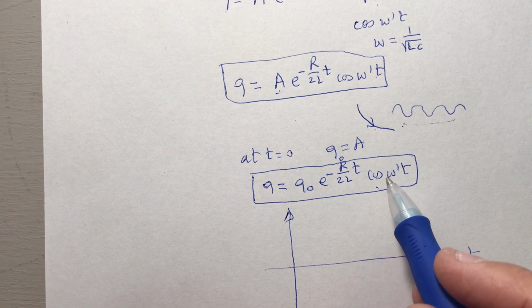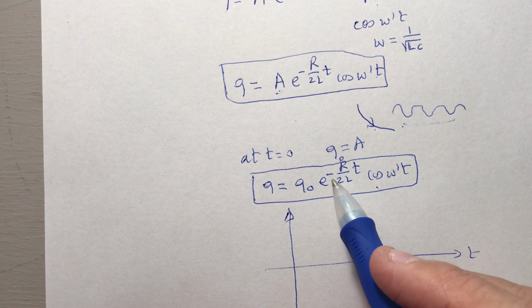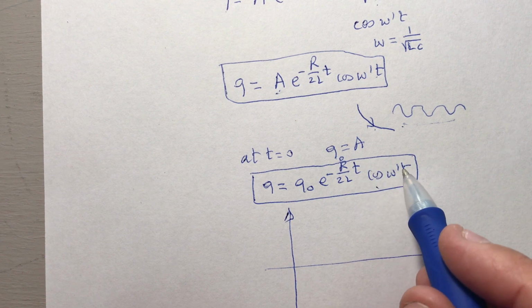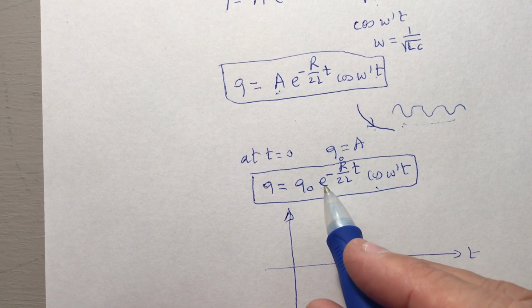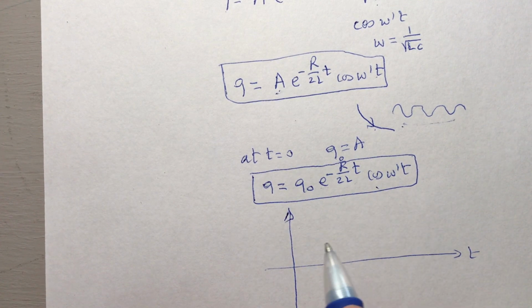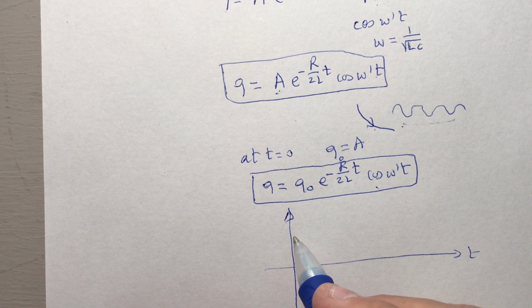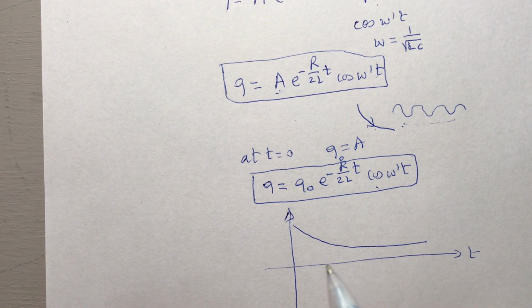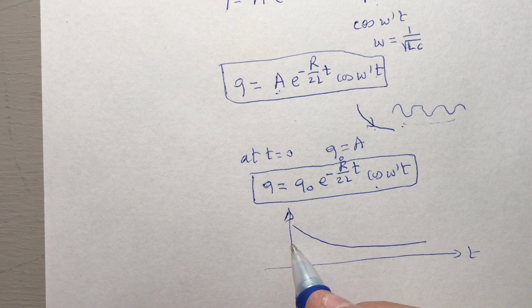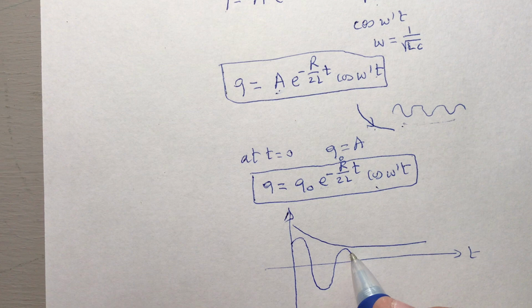This one is trying to suppress the cosine. So I have something like this. I have cosine 0, I put 1 like this, and then it's going down.